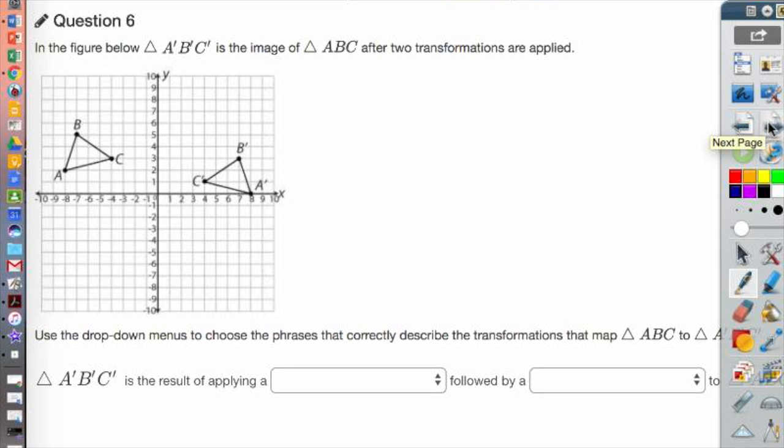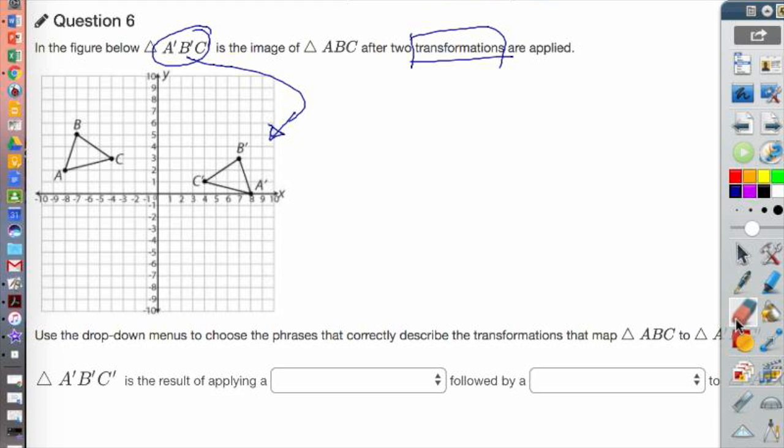Question 6. In the figure below, triangle A prime, B prime, C prime, that's over here, is the image of triangle A, B, C after transformations are applied. Okay?